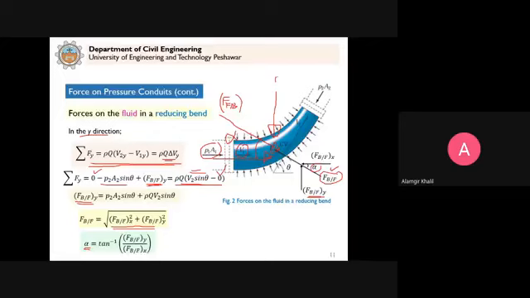So this will be the force of fluid on the bend in the y direction, and this will be the force of fluid on the bend in the x direction.